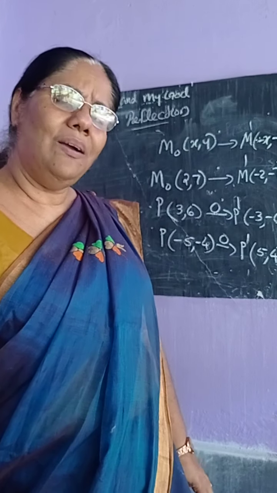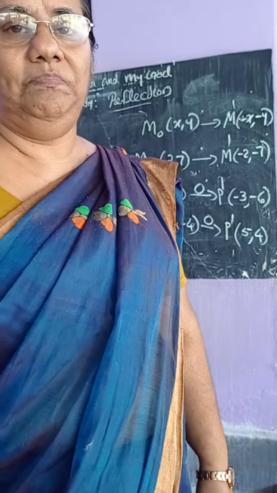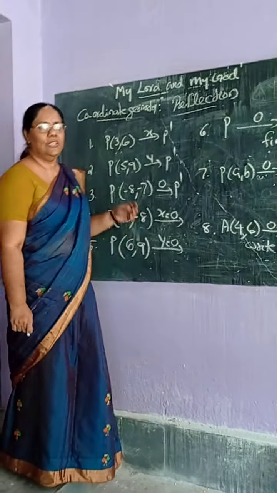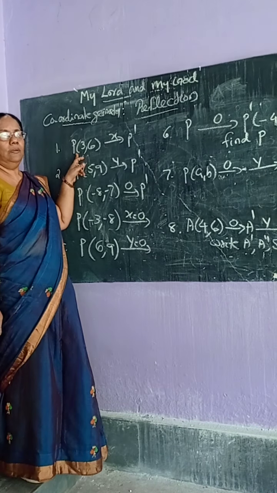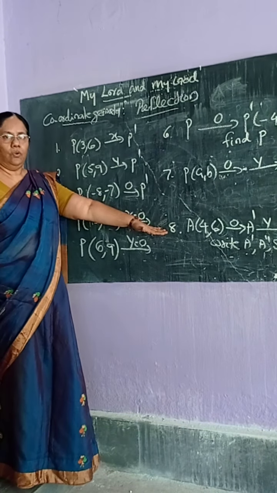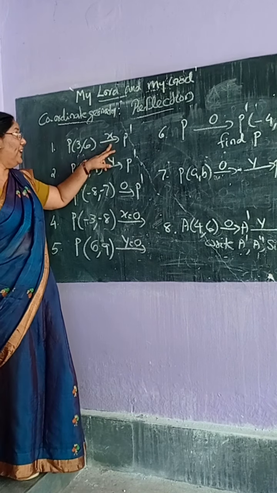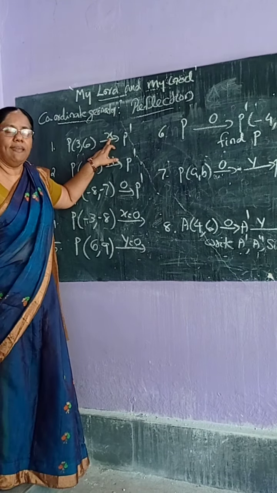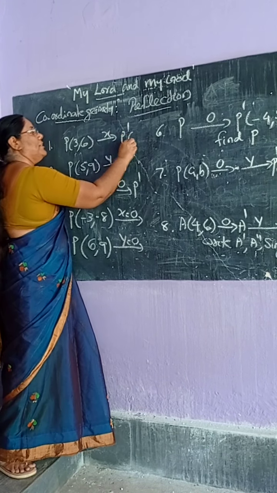Understand? Now only do the problems. Try it one by one. Write the questions one by one. All the questions are on the board. Copy the questions. P (3, 6) is reflected in the, what's the meaning of this? X-axis. Then what is P dash?